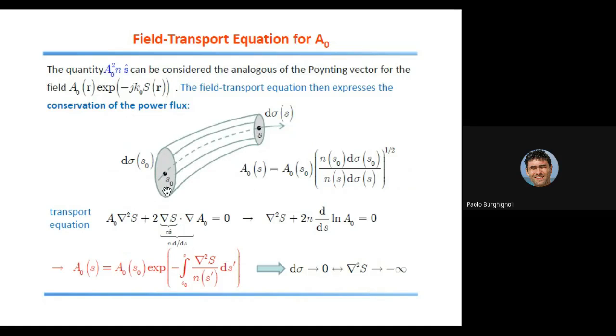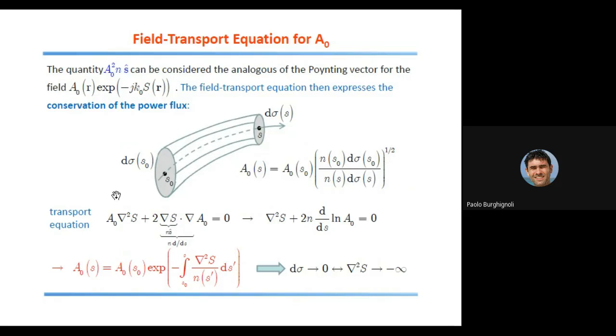If you are given the amplitude at a certain reference position S0, then at another position along the same ray, say the position corresponding to the abscissa S, the amplitude will be related to the initial amplitude times the ratio of the areas to the power 1/2, so the square root of the ratio of the areas, multiplied by the refractive index because of the presence of the refractive index inside here.